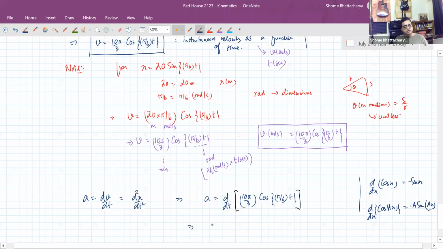So 10 pi by 3 comes outside, into the differentiation of cos, which is minus sine, but because it's pi by 6 into t inside, there's a pi by 6 that comes outside also.